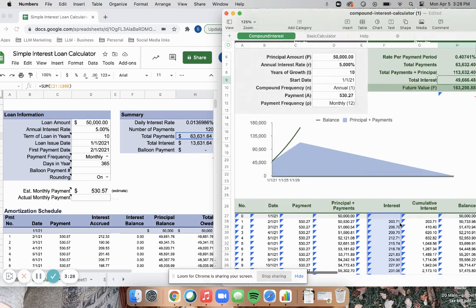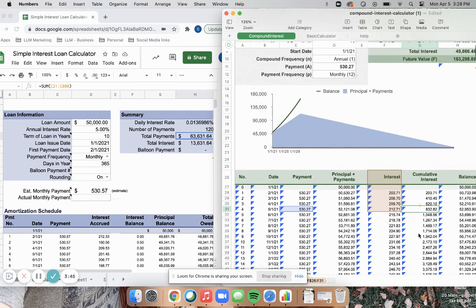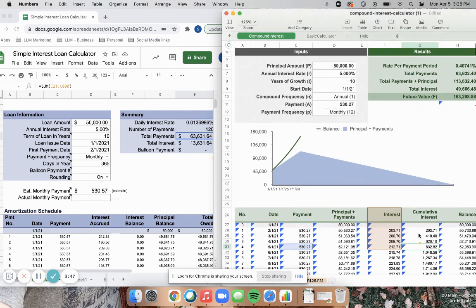because as you begin to pay, you'll notice this column right here, cumulative interest. This is the interest that's accumulating and building on last year's balance, right? And so you don't have that with simple interest. And in the beginning, it might not be noticeable, but as things scale out, compound interest drastically affects the overall value, right?